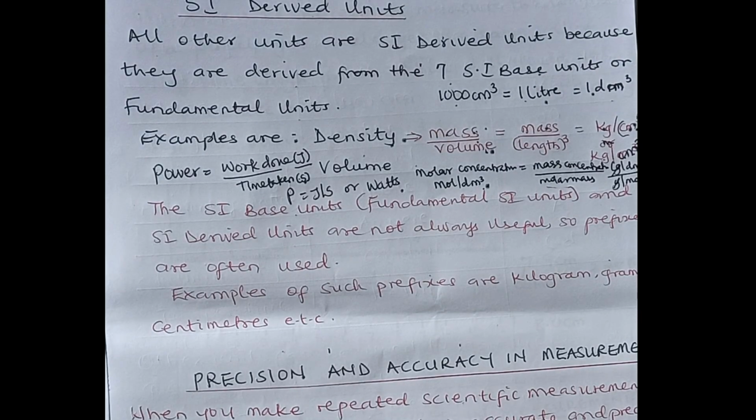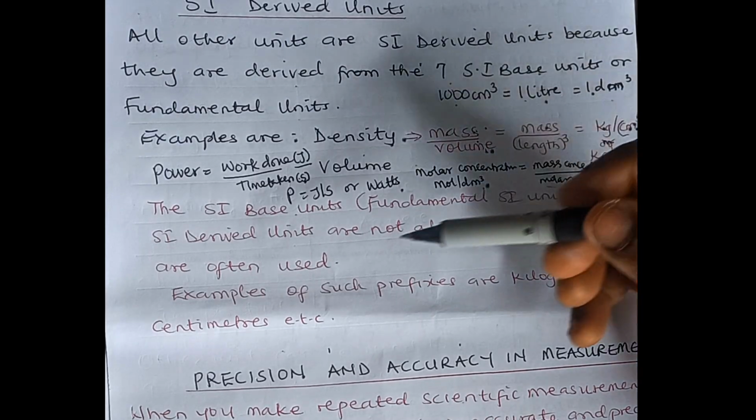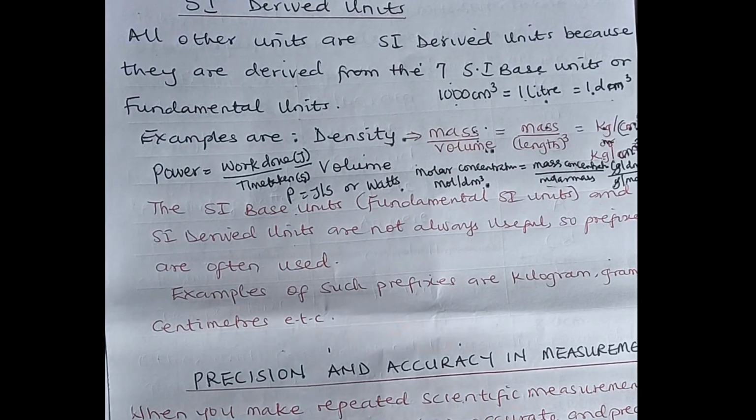Now, the SI base units and derived units are not always useful, so some prefixes have been coined. You will see things like kilogram, grams, centimeters, Newton, watts. These are the commonly used units nowadays. Under that, we will also consider precision and accuracy in measurement.